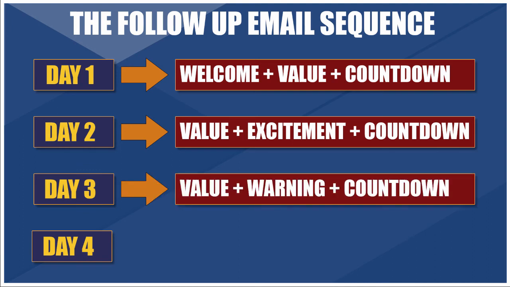Then on day 3, we're going to ramp up the desire for your product. Now, of course, you send them more value as well, and you need to tell them the benefits of your main product. But this time, we also include a warning that your special offer really is limited, that it's time sensitive, or, well, however you're limiting your offer. Maybe you're including a special bonus for a limited amount of time.